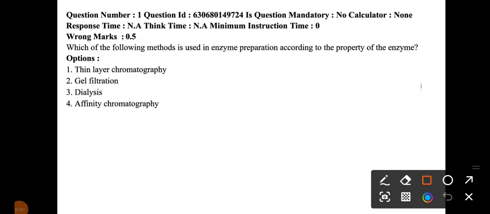Definitely we are not using that one. Then gel filtration is nothing but size exclusion chromatography, also known as gel filtration chromatography. Then dialysis and affinity chromatography. So the correct answer here is affinity chromatography, for the enzyme purification according to the property of the enzyme, right?